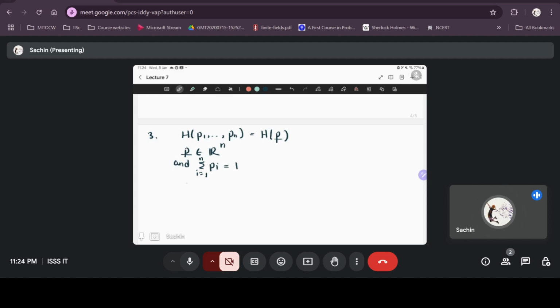Now our question is to find the minimum of h of vector p over all vector p's.